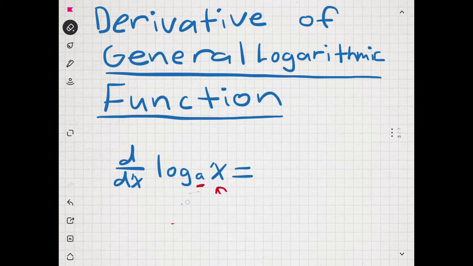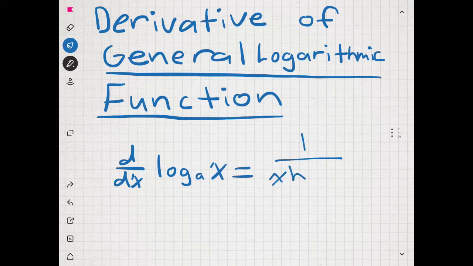So when we differentiate general logarithmic functions, the formula that we use is the derivative of log base a of x is equal to 1 all over x ln a.